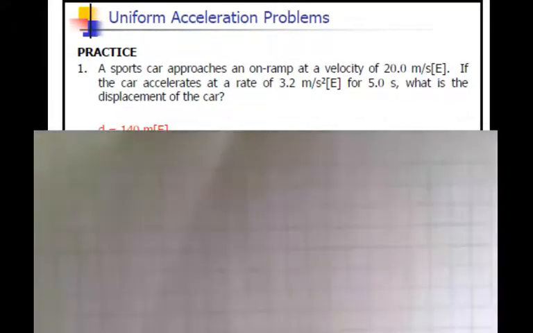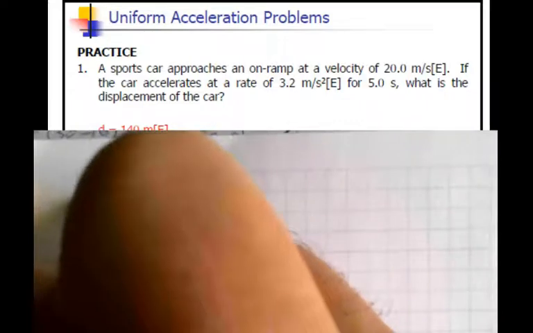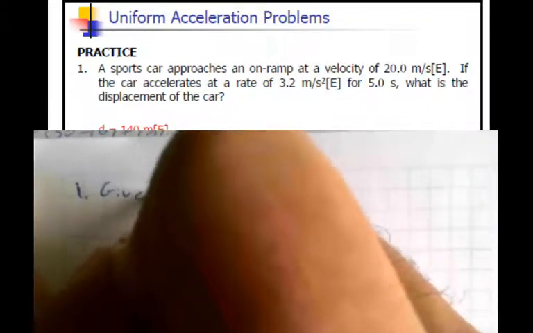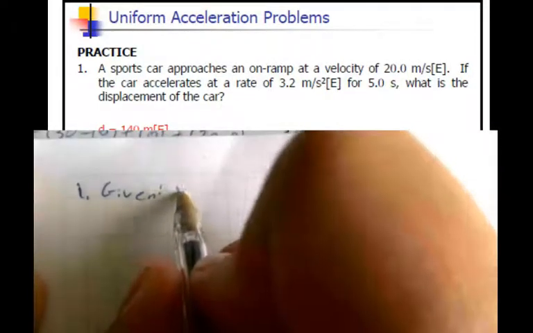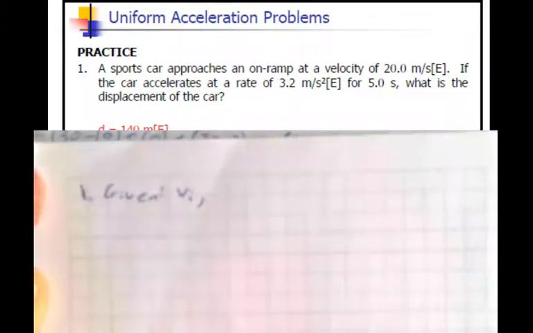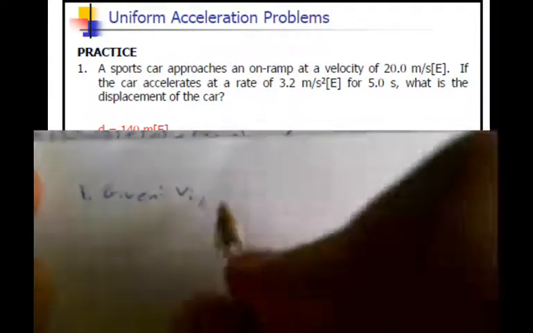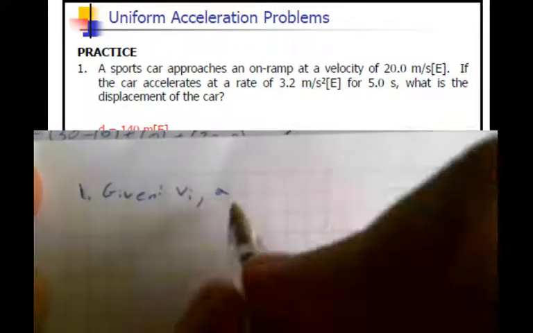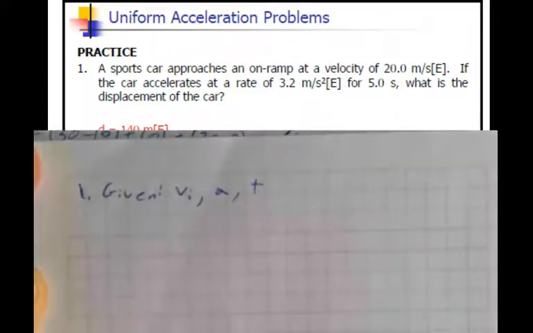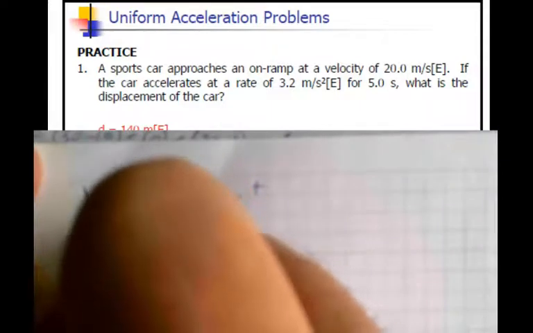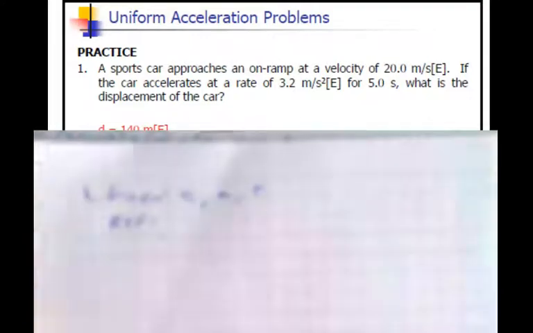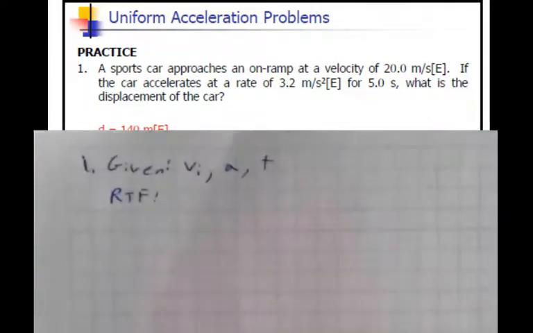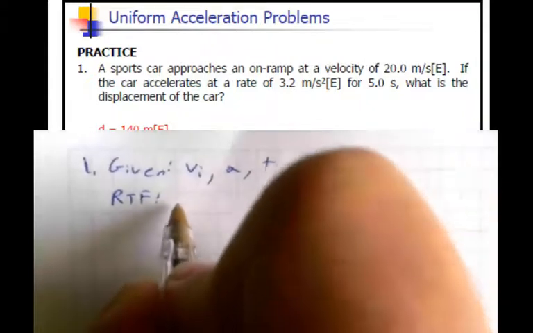So what we have for this question is we are given the initial velocity, so I'm going to write Vi. We are also given the acceleration, which is a, and we're given a time. We're asked to find the displacement. So RTF means required to find. Required to find displacement, which is d.